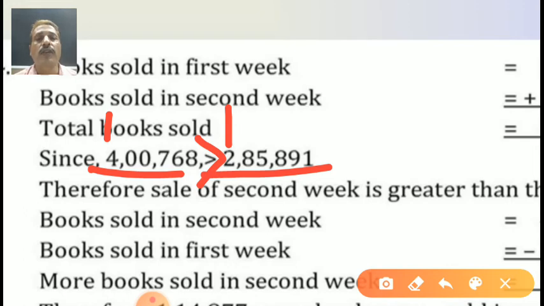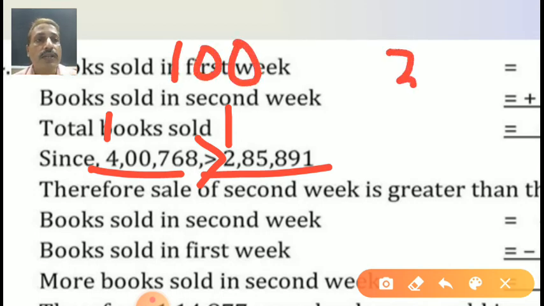Because 4 lakhs were sold in the second week. Now, we have to find how much more. Suppose two friends are there. One has 100 rupees and one has 30 rupees. How much more money does the first student have? What will you do? Addition?